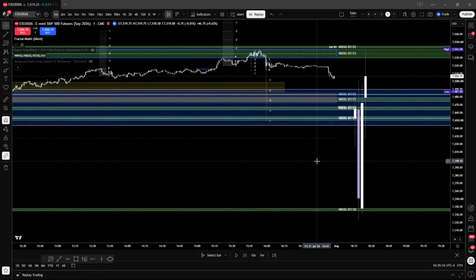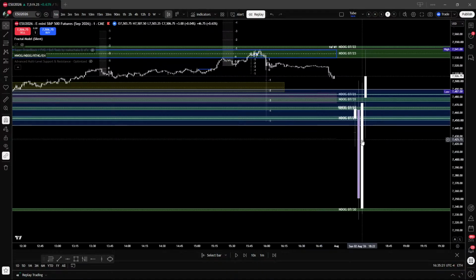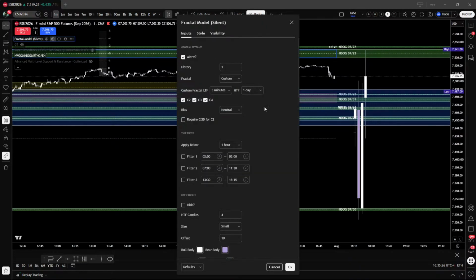You don't have to switch around if you want to see the daily candles, and you can set up any time frame candle here you want. Where is it in here? Yeah, so you can add the 4 hour or, well, 1 hour, 90 minutes. Anyway, this is one I've been using recently.